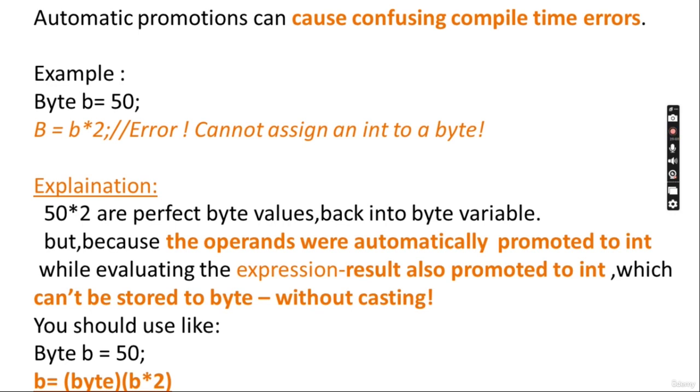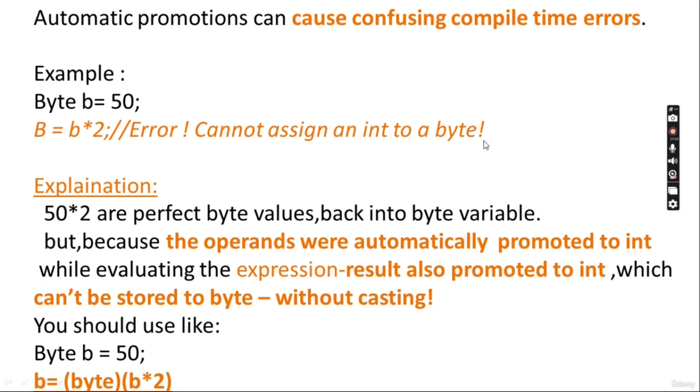Also, one more drawback is that automatic type promotion can cause confusing compile-time errors. For example, byte b = 50, and you are multiplying that 50 by 2.